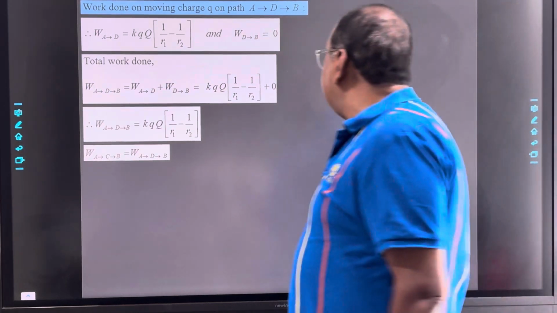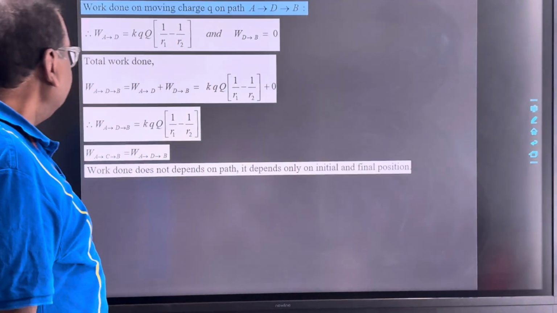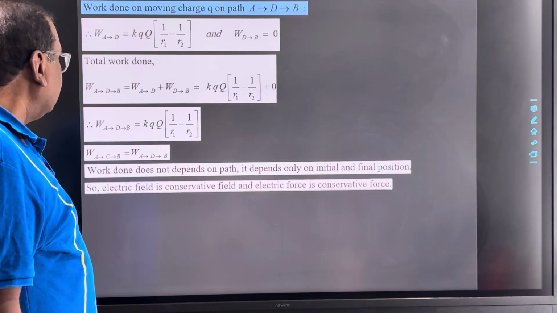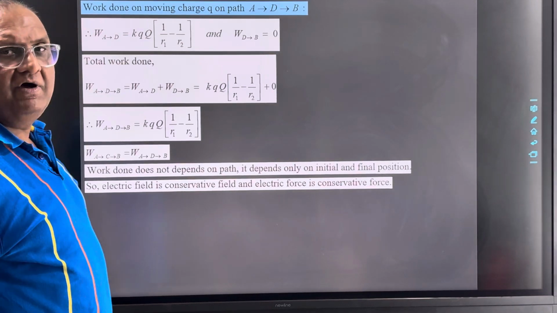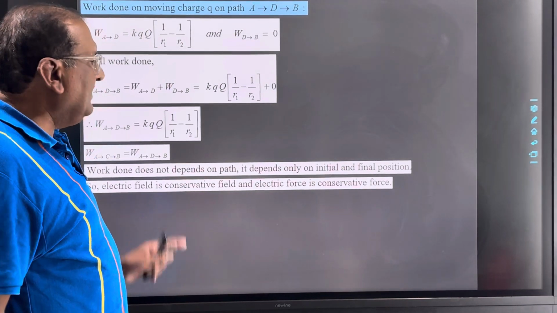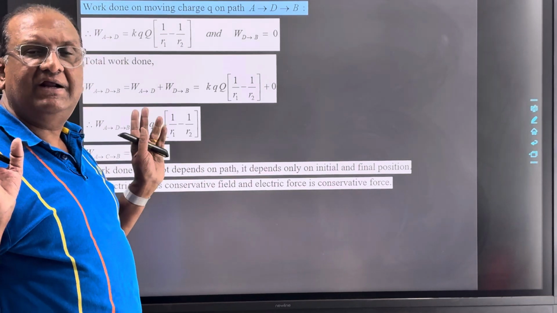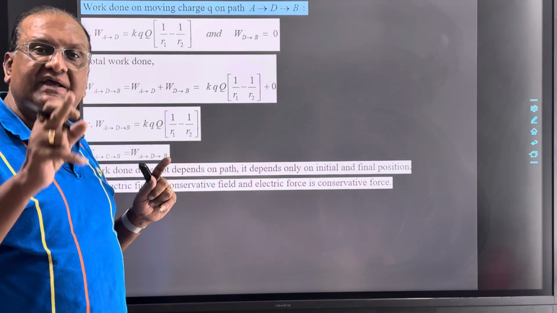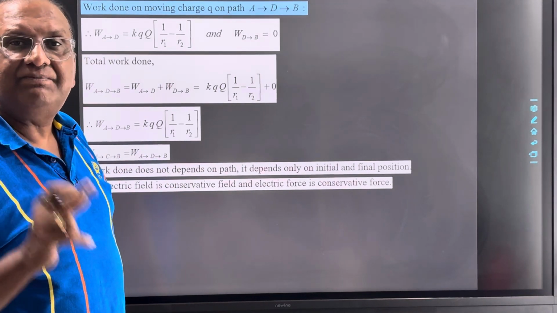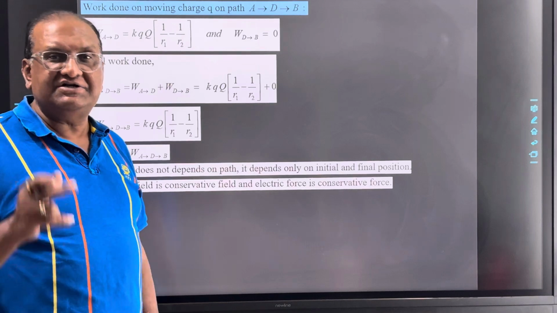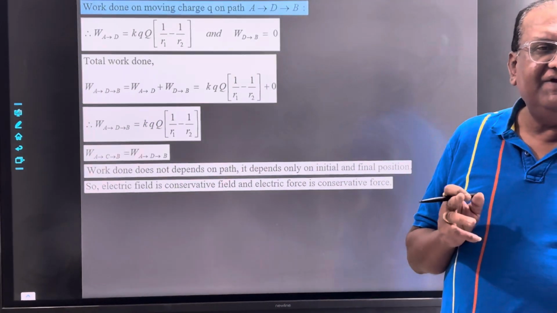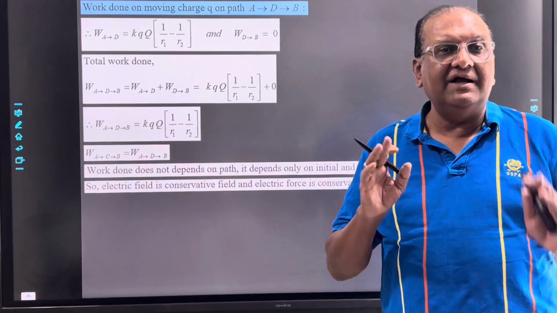It implies that we can say the electric field is a conservative field, or electric force is a conservative force. Here work done depends only on the initial and final position. The same type of thing we studied in standard 11 in the chapter of gravitation. Gravitational field and gravitational force are also conservative field and force respectively. Clear to all of you?